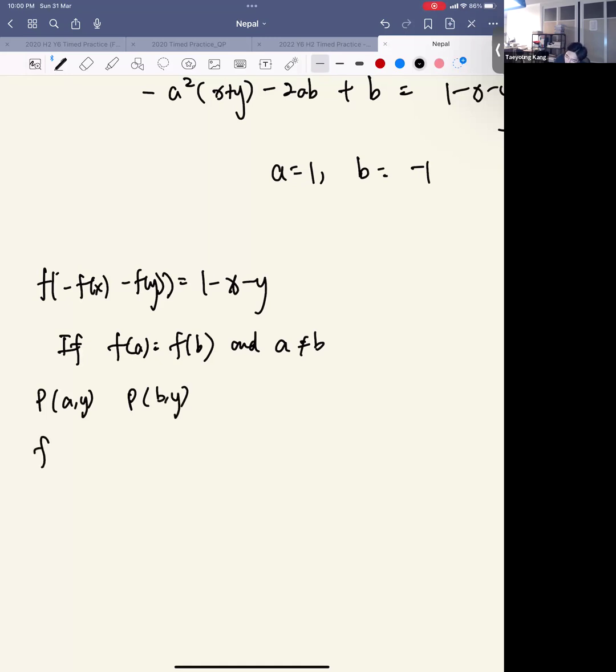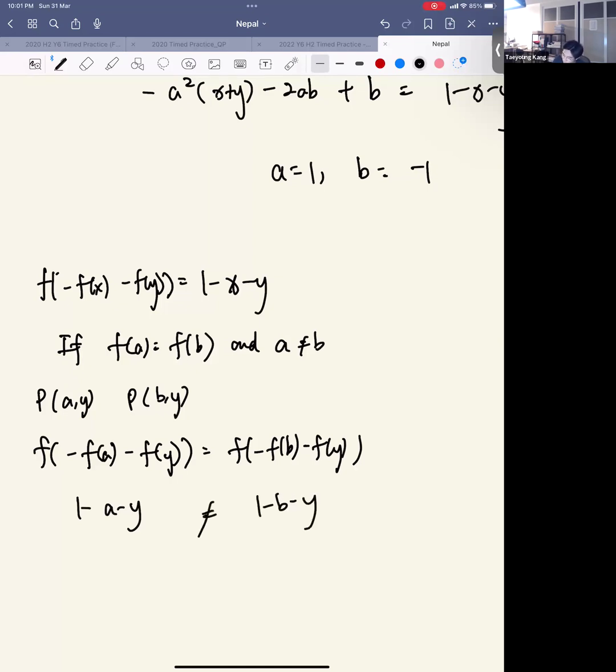Notice that f(y - f(a) - y) should be equal to f(y - f(b) - y). But then the left-hand side is y - a - y, and the right-hand side is y - b - y, which is not equal. It's a contradiction. Hence, injective.